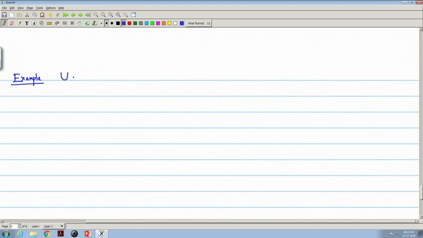Use mathematical induction to show that 5 to the power n minus 1 is divisible by 4.